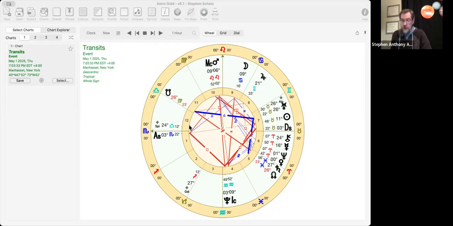Planets in opposition can see each other clearly across the chart. Like Pluto and Mars: Mars can see Pluto, Pluto can see Mars, and there's a need for balance and compromise. Like a seesaw. There's the seesaw effect with the opposition.